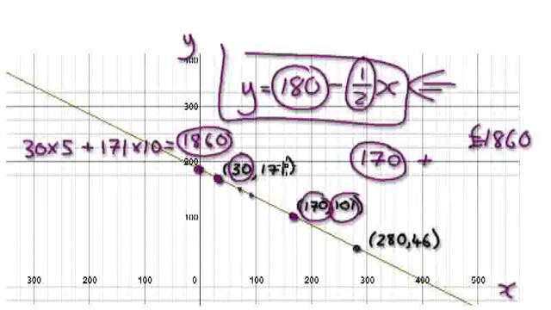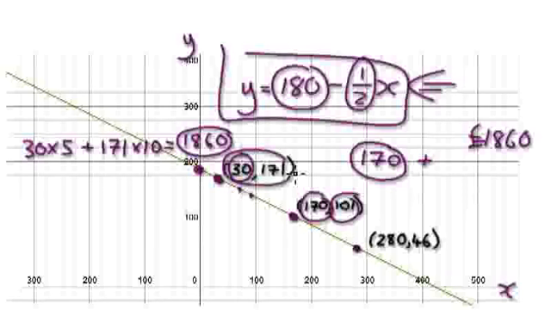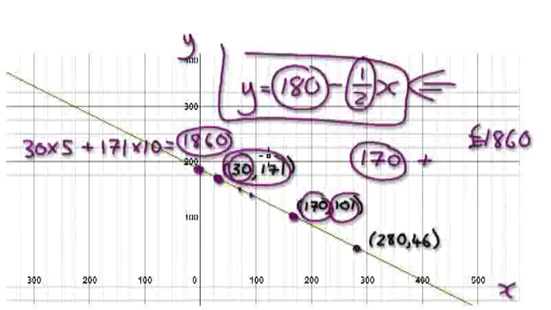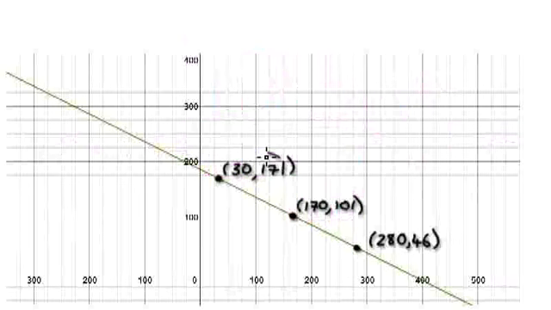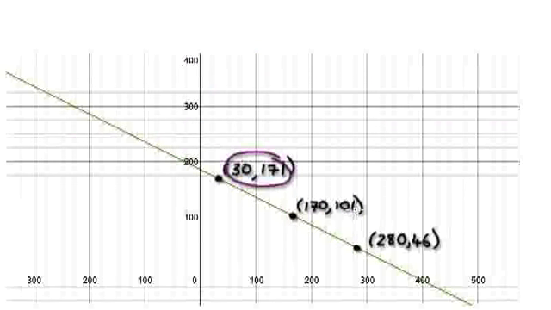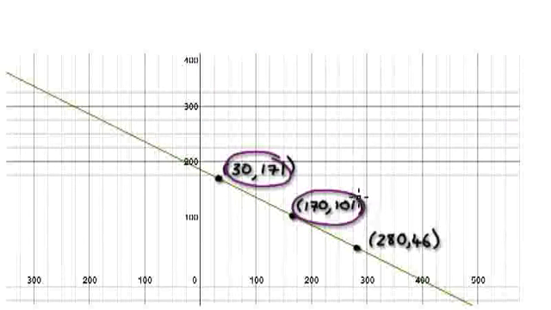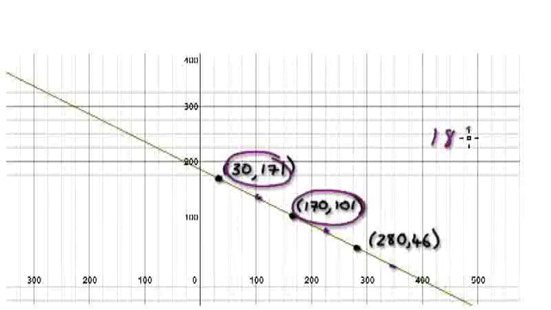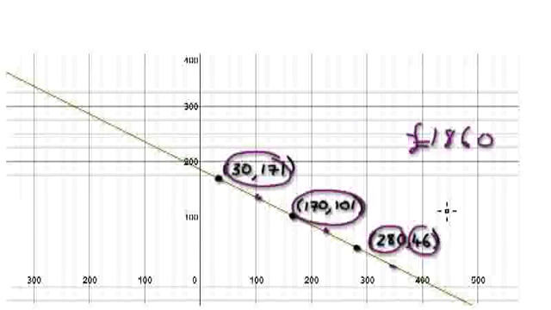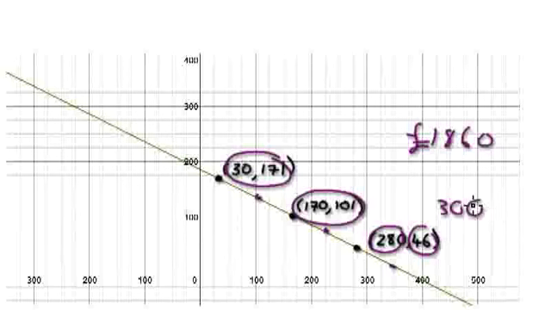But remember, we are told that in our suitcase there are 300 notes altogether. If you add these two together, it doesn't come to 300, even though the value of all the points on this line adds up to 1,860 pounds.